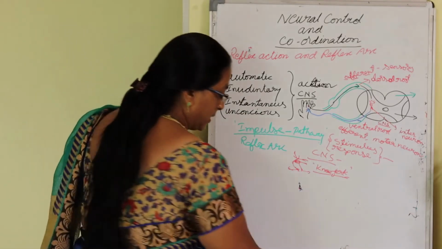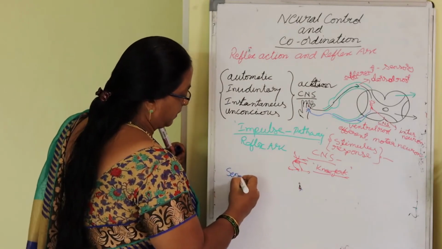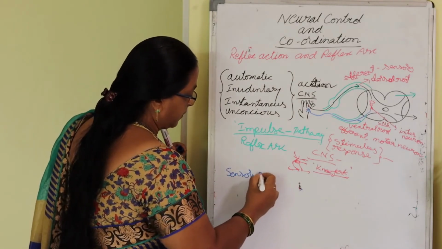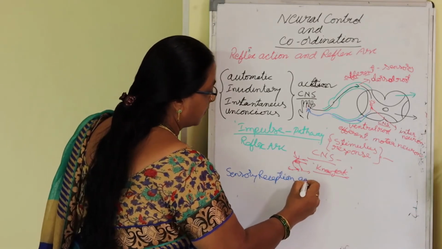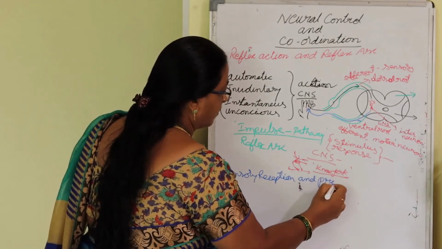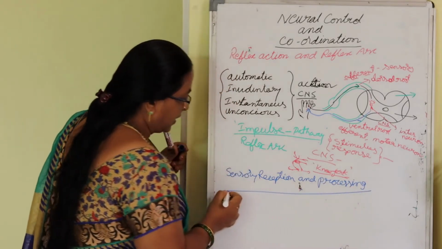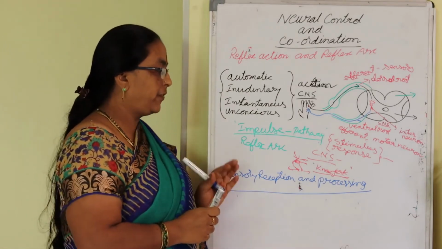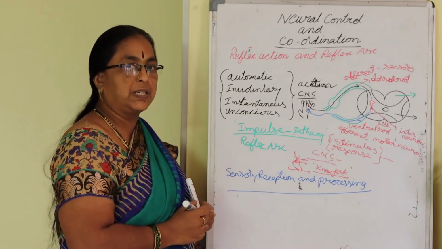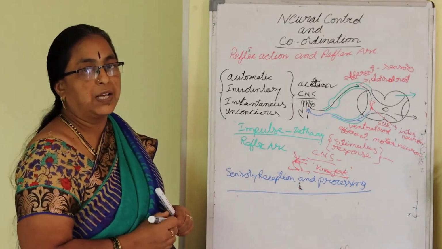Next one is sensory reception and processing. In our human body, there are different types of receptors present, and these receptors give a stimulus.